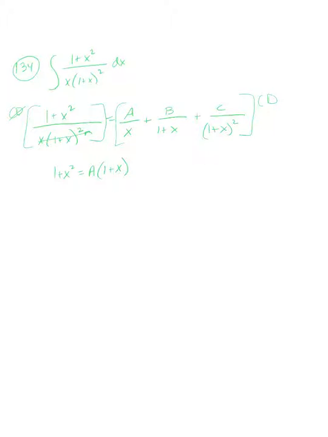I should have written out the common denominator for you. Okay, the common denominator is x times 1 plus x squared.